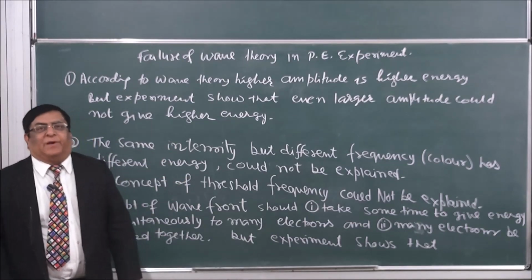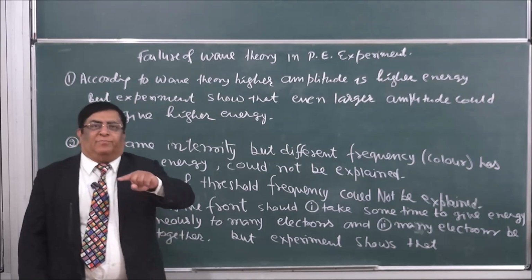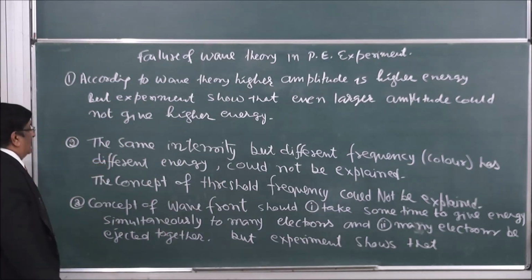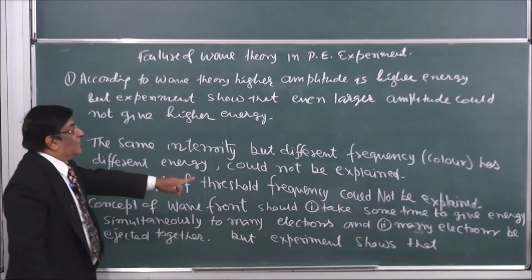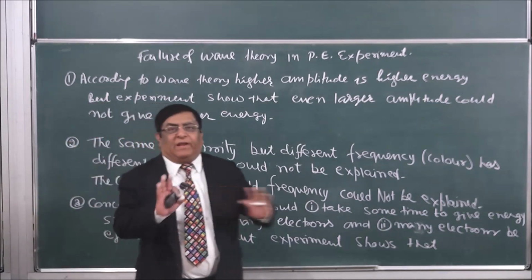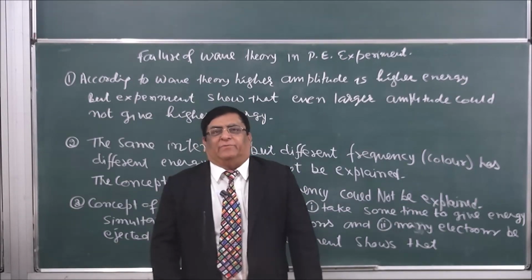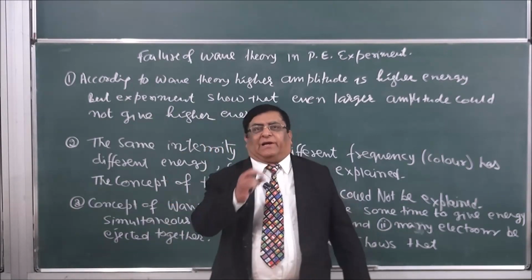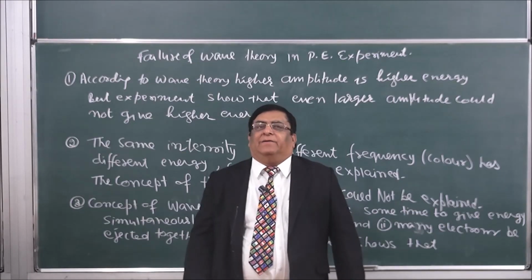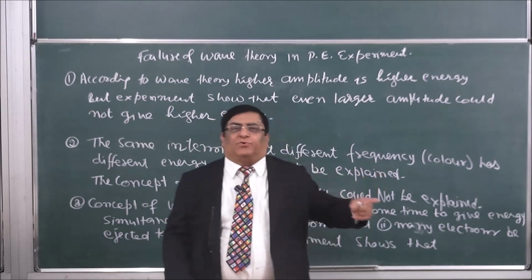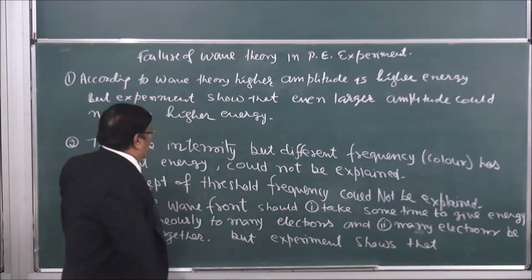This could not be explained by wave theory because wave theory believed in the amplitude. Then, threshold frequency concept. This was very clear in this experiment that less than a particular frequency cannot eject one electron, and even if we increase the amplitude many times, this could not be explained by wave theory.